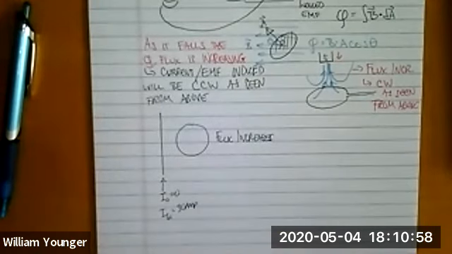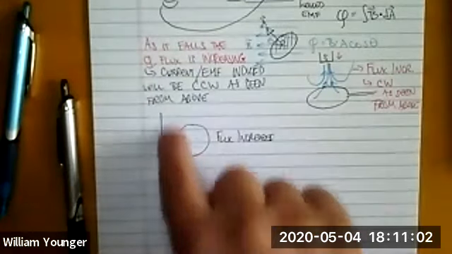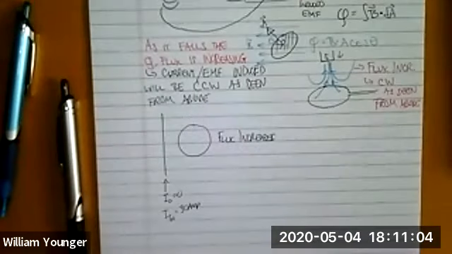So according to Faraday's / Lenz's law, a current will be induced in this circuit this way or this way in a way to try to oppose the change in flux. So the flux is increasing. Which direction do we need the magnetic field induced?